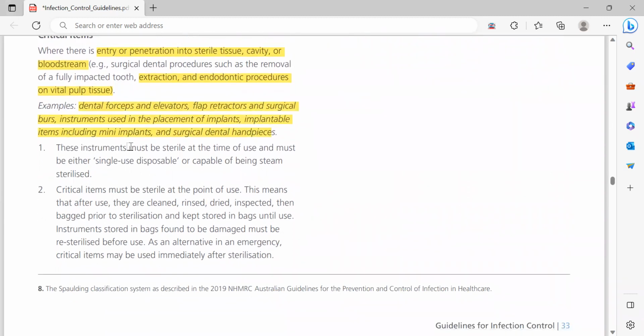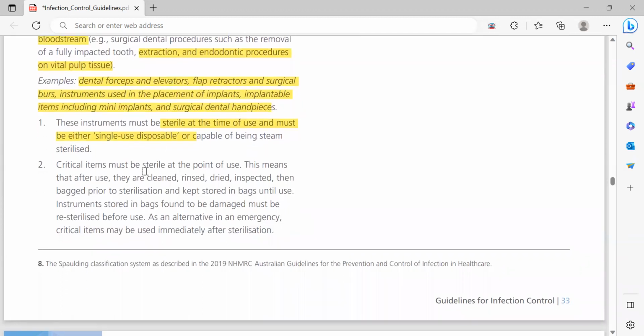These instruments must be sterile at the time of use and must be either single use disposable or capable of being steam sterilized. They must be sterile at the point of use. This means that after use they are cleaned, rinsed, dried, inspected, then bagged prior to sterilization and kept stored in bags until use.